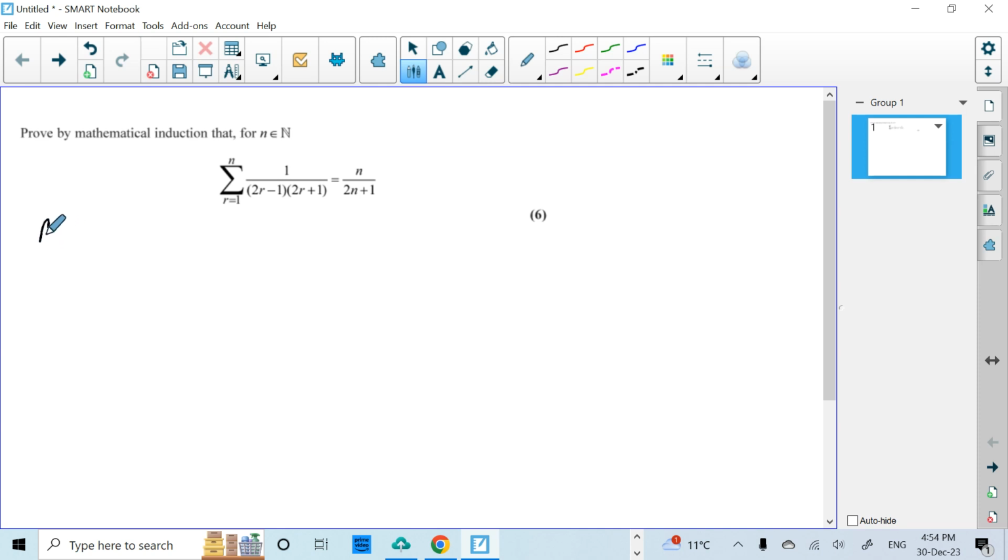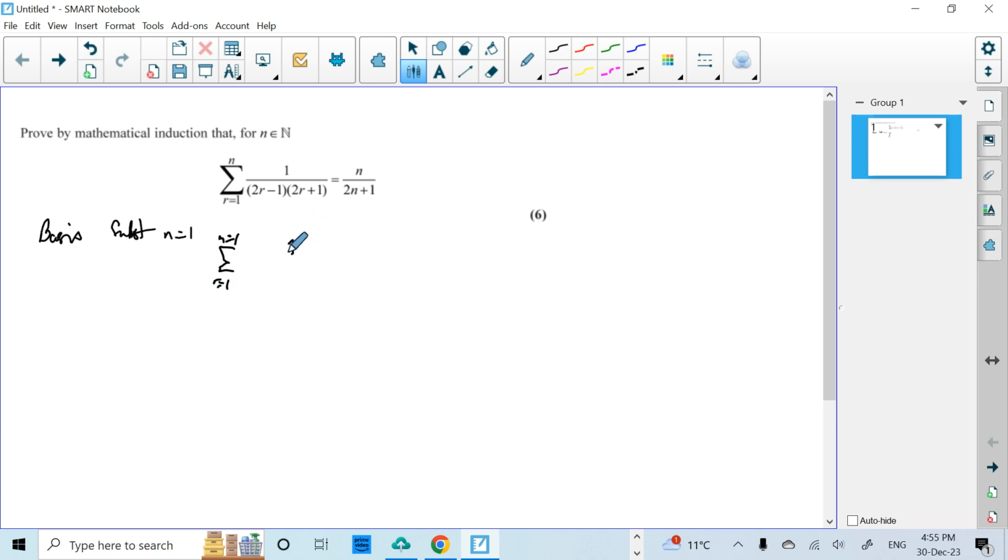The basis is here. I'm going to substitute n is equal to 1. If I substitute n is equal to 1, what do I get? It's fairly straightforward. I write n equals 1 and r equals 1, of course.